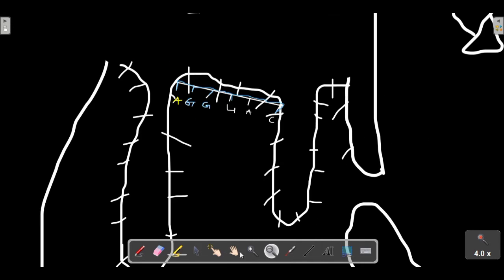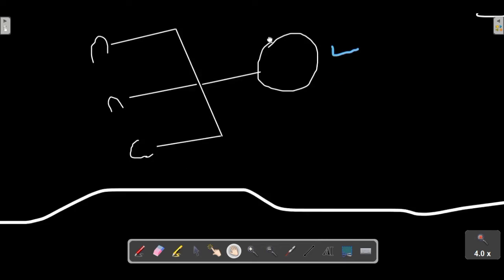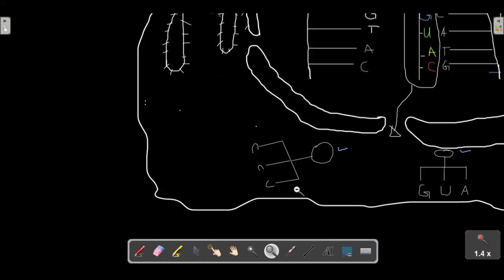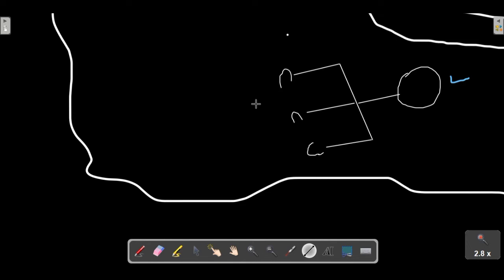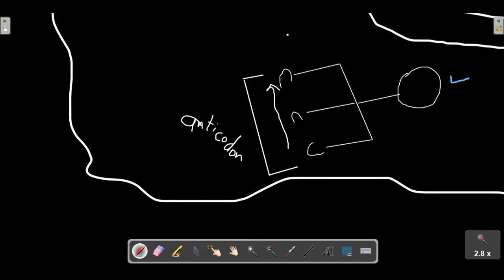And then with the tRNA, this triplet we call an anticodon. Now each anticodon will match with each codon. So this is UCC.